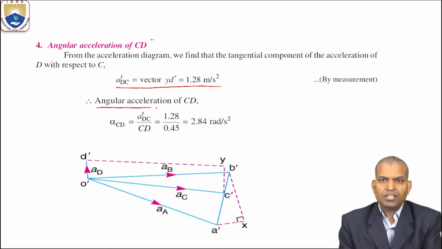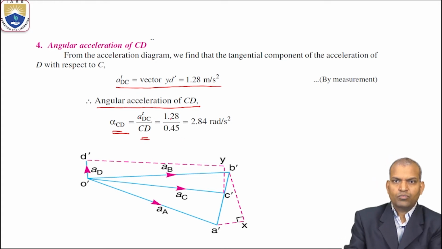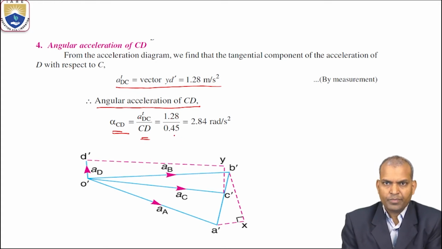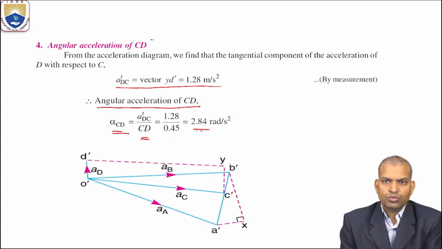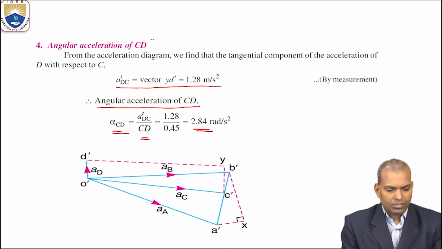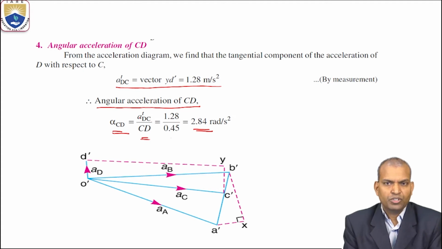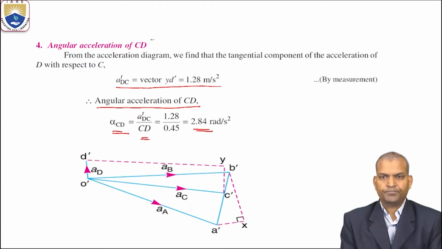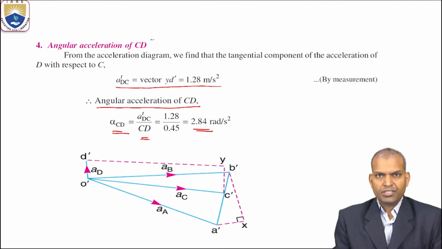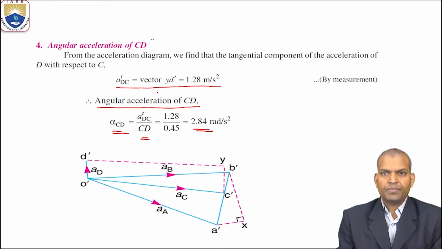So alpha CD equals ATDC by CD, that is 1.28 meter per second square divided by 0.45, which is 2.84 radians per second square. Thus, we found all the objectives of this problem, the double slider crank chain mechanism. The angular acceleration of CD is 2.84 radians per second square.